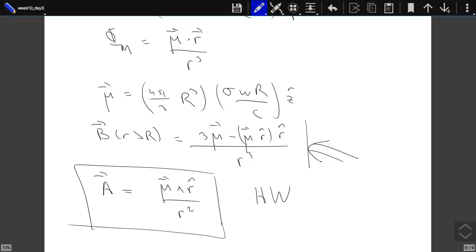Just take the curl. Do some practice calculating. You need to practice your calculations a bit. Then we will discuss how you define the magnetic dipole moment for an arbitrary current distribution. Then I will ask you to show that this magnetic dipole moment is actually this one.